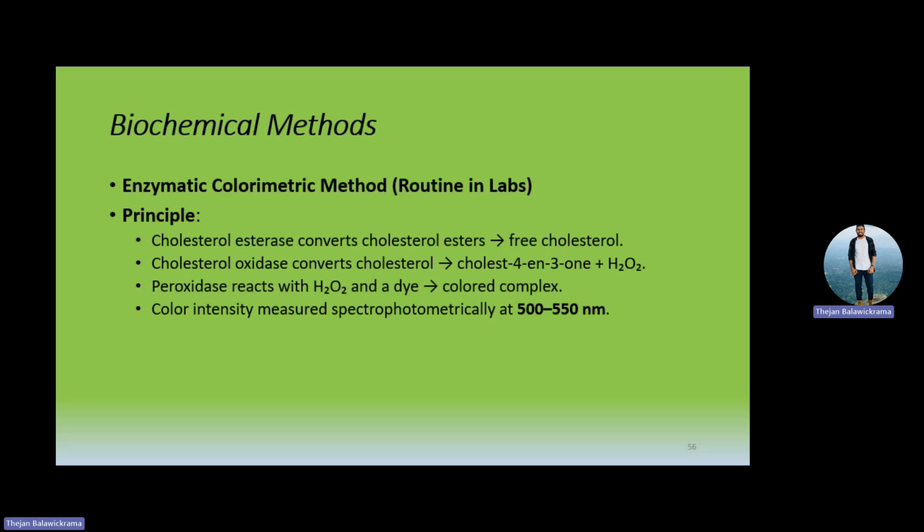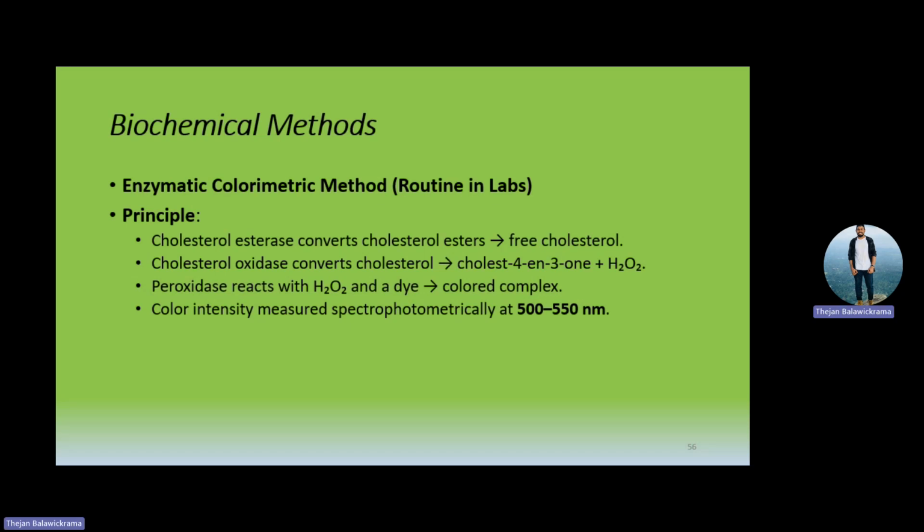Let me verify. We have the serum sample. We add cholesterol esterase, which converts it into free cholesterol. That is step number one. What do we mean by free cholesterol? Cholesterol is in compounds, combined with other substances. All the cholesterol versions are converted into free cholesterol by the enzyme cholesterol esterase.